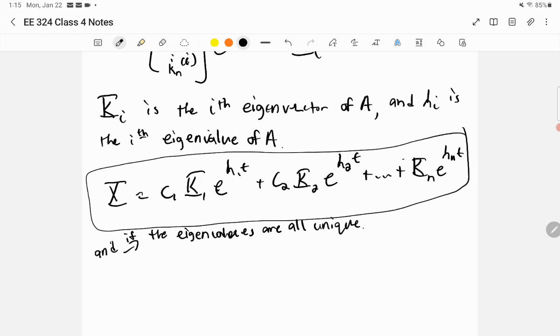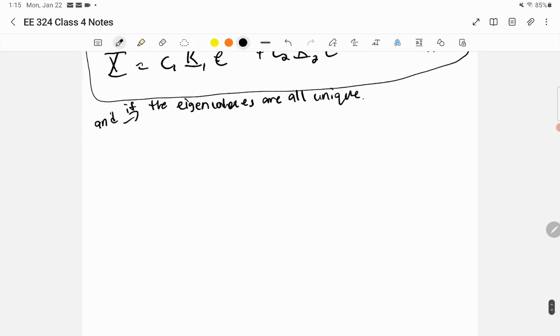So if all of the eigenvalues are unique, so lambda 1 is not equal to lambda 2, which is not equal to lambda 3, and so on, none of them are equal to each other, then there's no pairs that are equal to each other, then we can write the general solution in this way. What happens if they are not distinct?